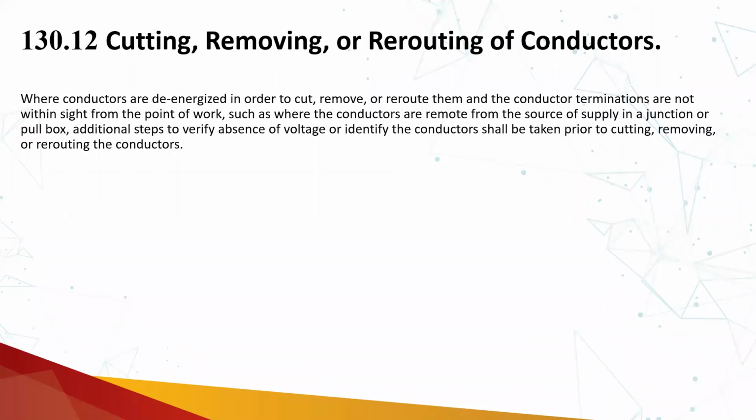Where conductors are de-energized in order to cut, remove, or reroute, and the conductor terminations are not within sight from the point of work, such as where the conductors are removed from the source of supply in conjunction with a pull box, additional steps to verify the absence of voltage or identify the conductor shall be taken prior to cutting, removing, or rerouting the conductors.